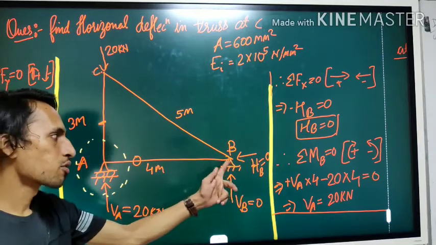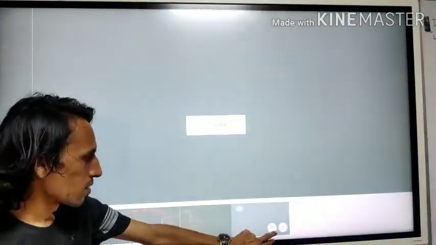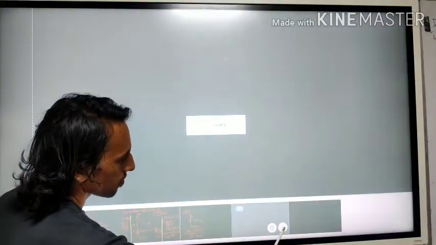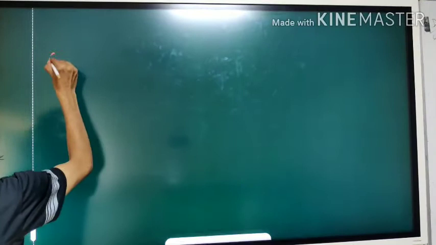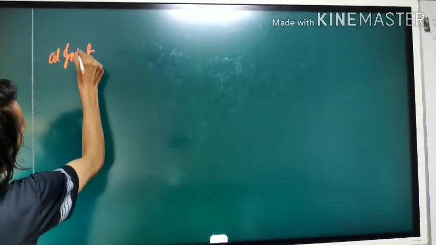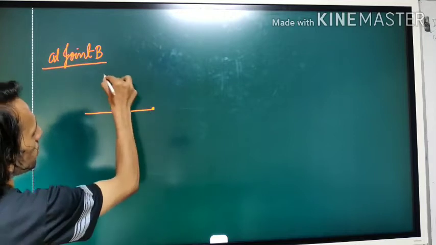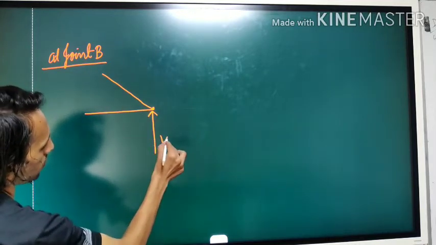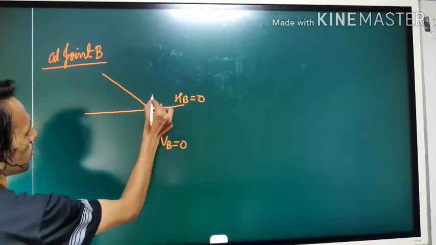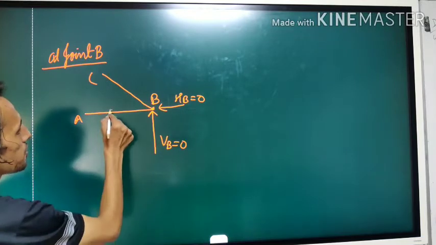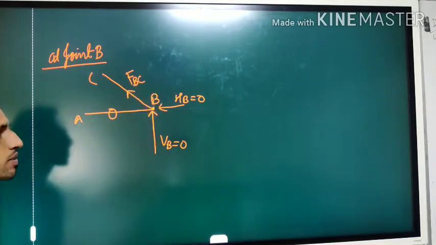So let's come to the joint B. At joint B, draw the condition of joint B. So this is a zero member force, and let us assume this member is in tension initially. So this is the condition.